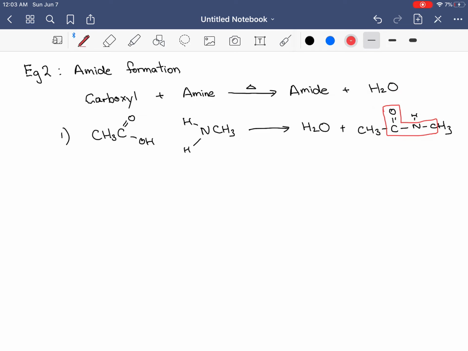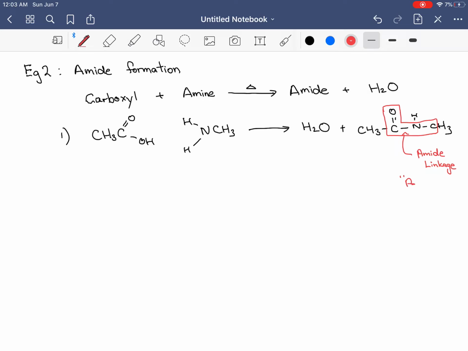Now, this bond biologically is very, very important to biologists. This is called an amide linkage. But biologists like to give it another name.